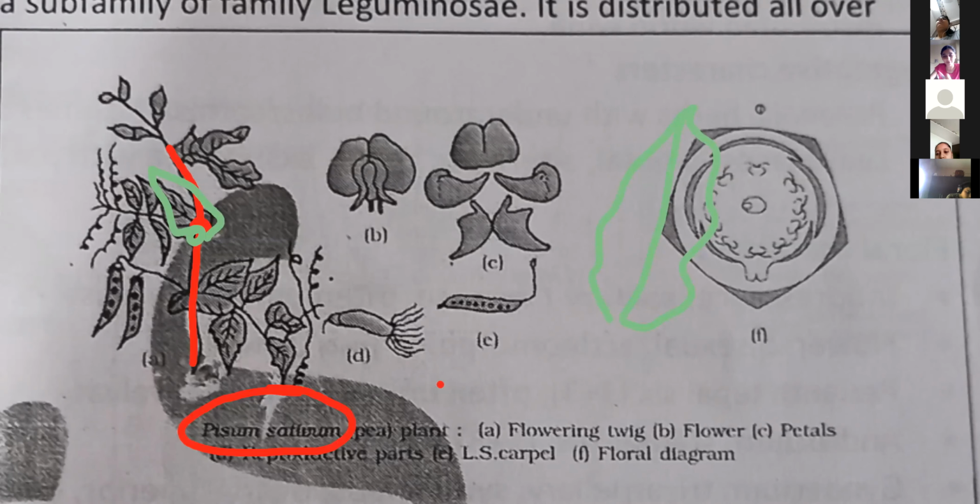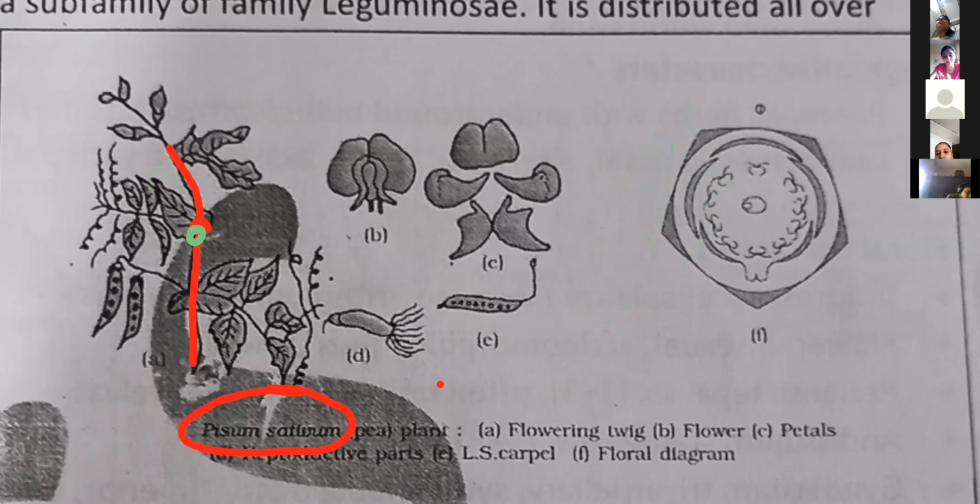We did this in leaf modifications, check it. With Australian Acacia I have made you do this, photosynthesis. So foliaceous stipules are present. Here stipules become large, greenish in color and perform photosynthesis. So these are the stipules.